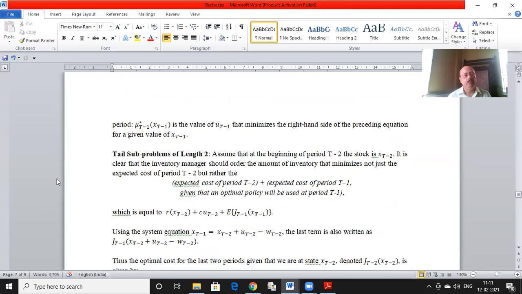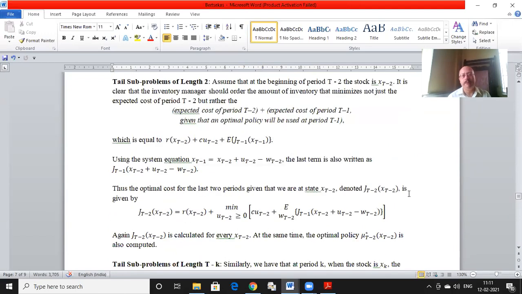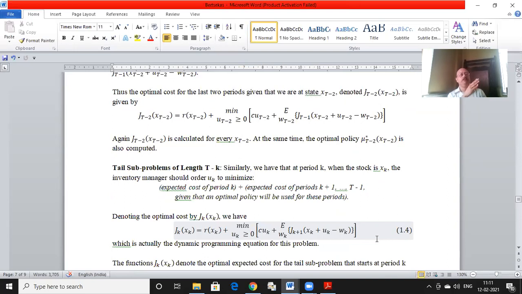So I solve for mu star T minus 1, then I will solve for mu star T minus 2, etc., etc. So in the end, I will have a vector mu star 0 to mu star T minus 1, which are the optimal decisions that I should be taking every day of this whole problem.